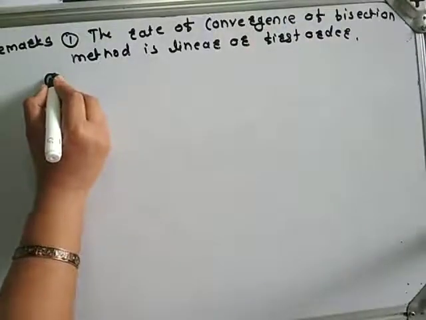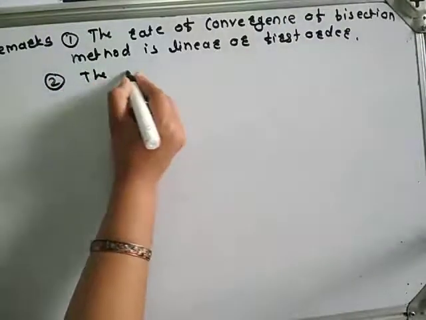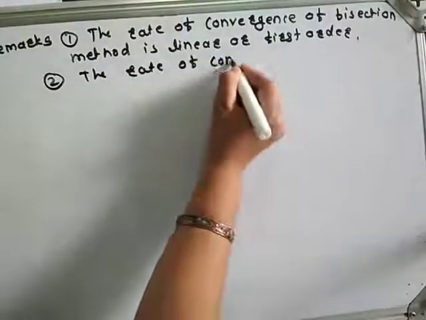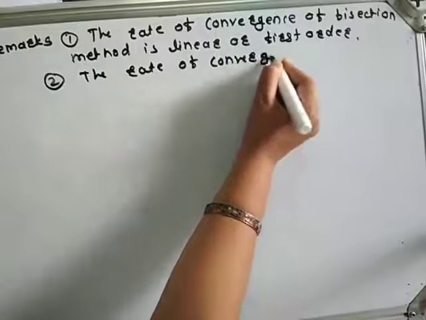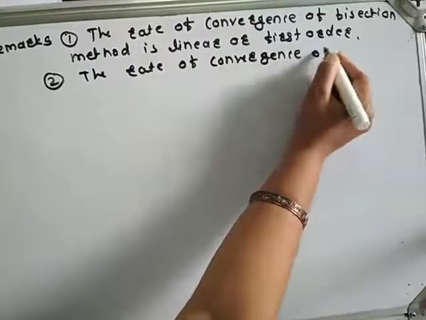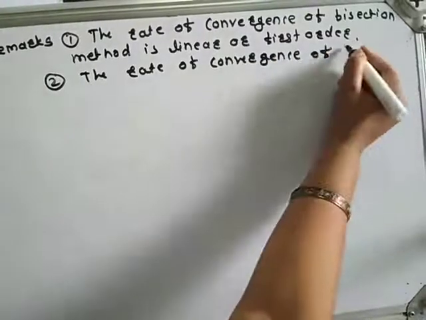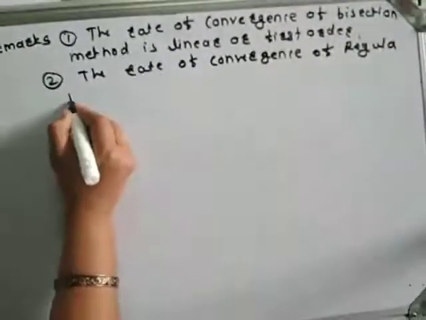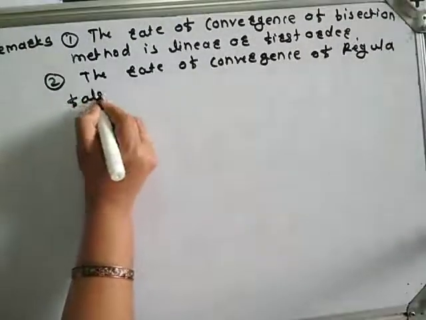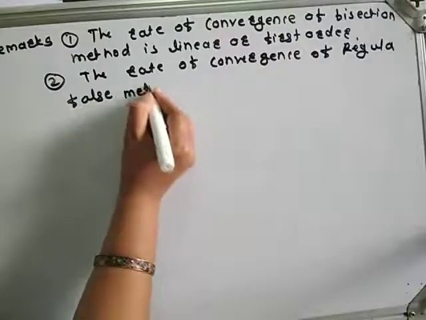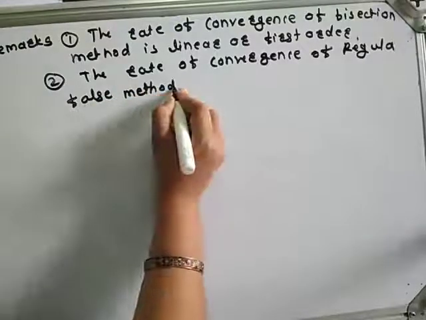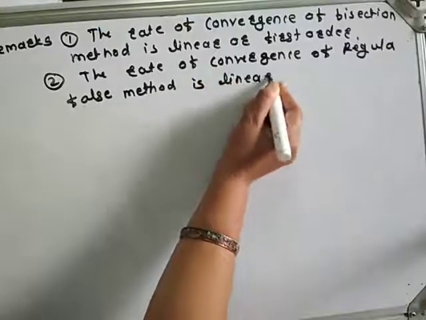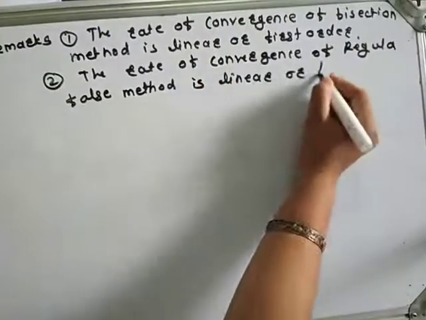Second remark: the rate of convergence of the Regula-Falsi method, or method of false position, is also linear or first order.